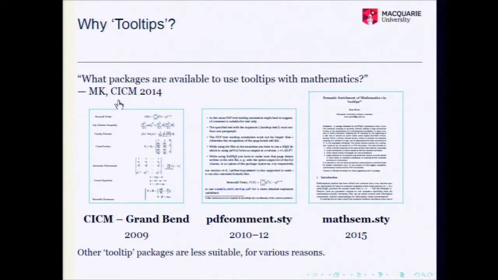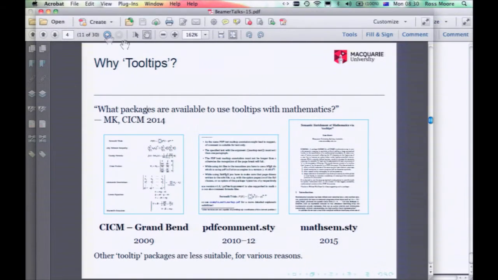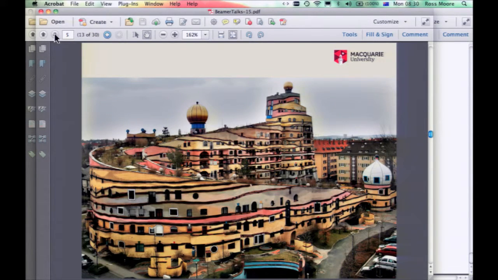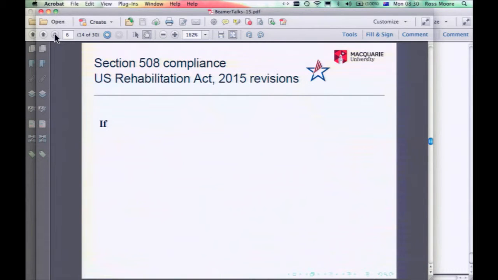Yeah, so other tooltip packages could have been used instead of PDF comment, but I already said why I used the one I did. Why does this not want to advance? Interesting. That shouldn't happen. Let's get out of full screen mode and go on to the next page. Oh, okay, well, there's another one of those pictures. This is the bit.